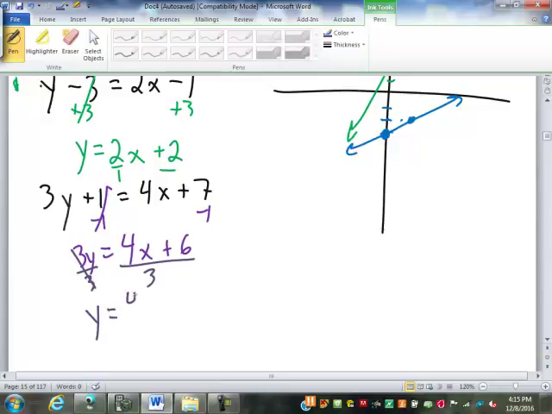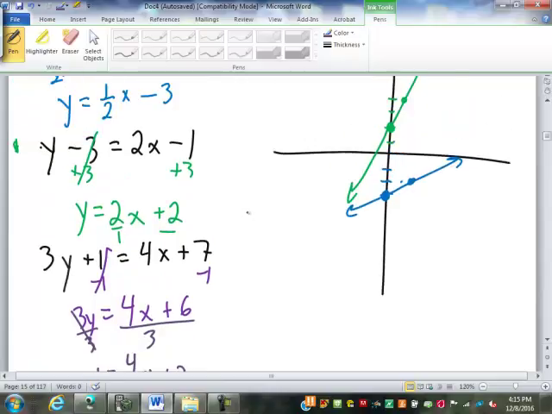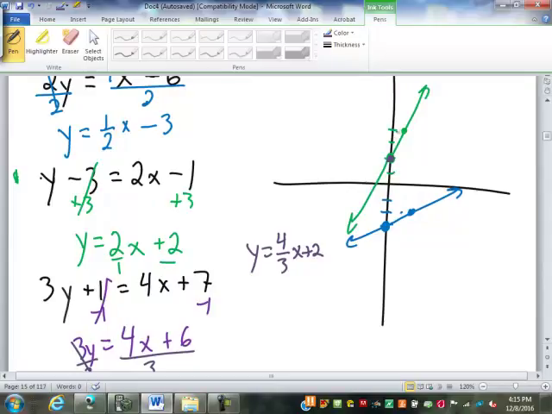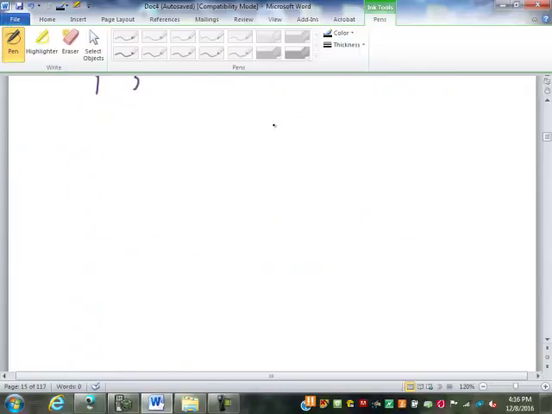Y equals 4 over 3x plus 2. Where do we start? Positive 2. Up 2, and then we go up 4 over 3. Not so bad? That one was way easier when we changed it. Yeah, once you actually put a y in it, it makes more sense. Sorry about that.